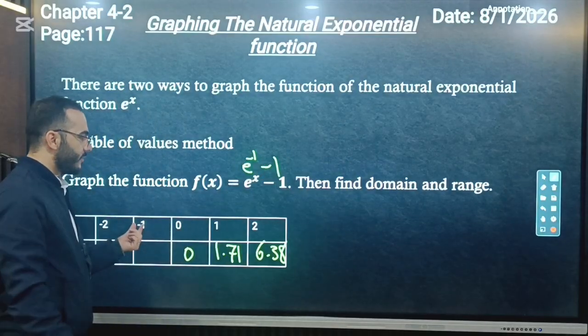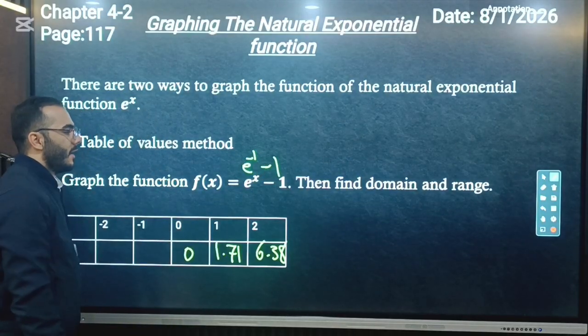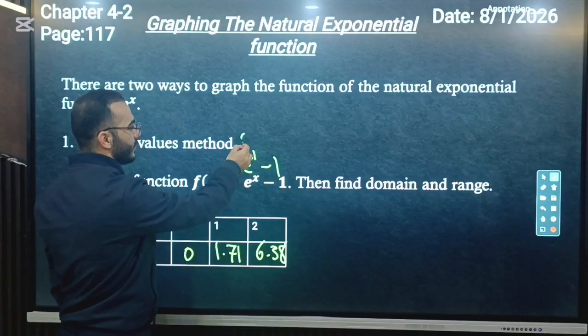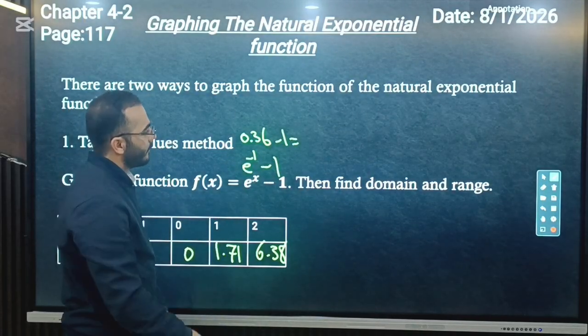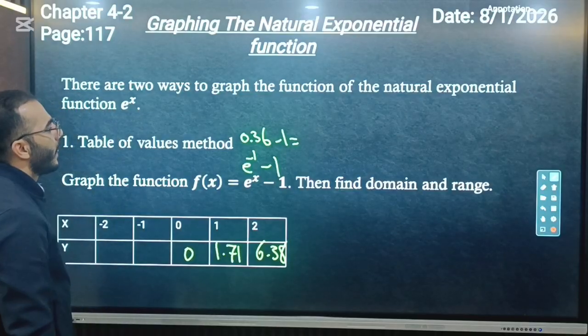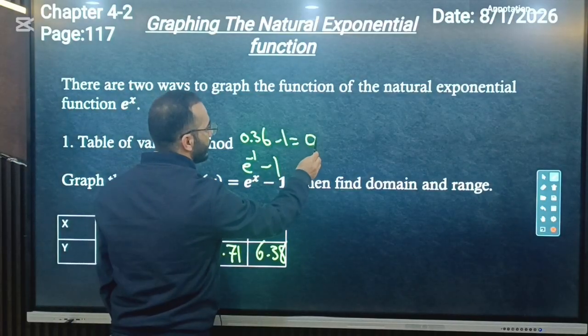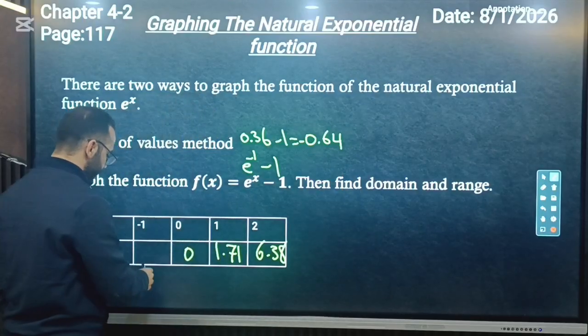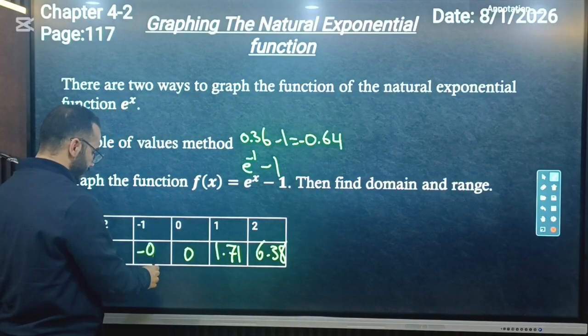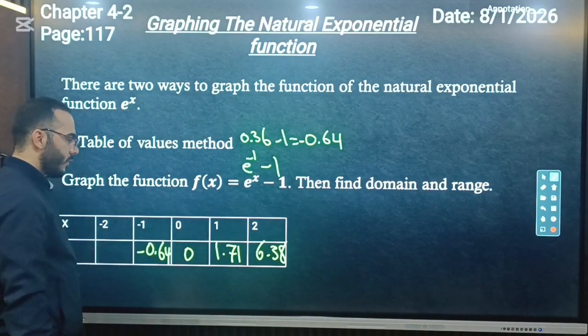I just replaced negative 1 into the x. So e powered by negative 1 is equal to 0.36, minus 1. If I'm not mistaken, it's equal to negative 0.64.